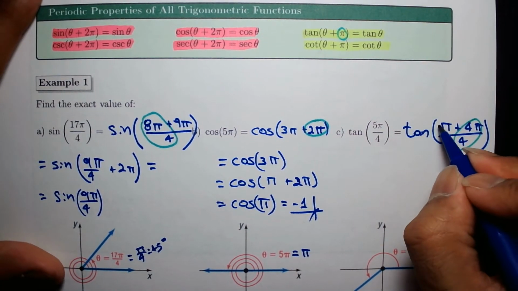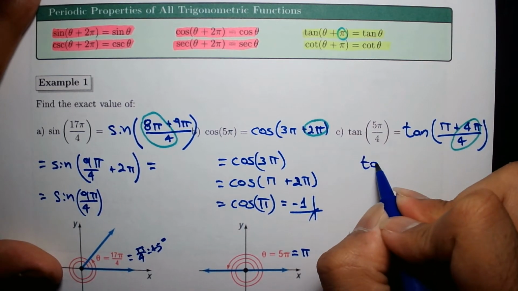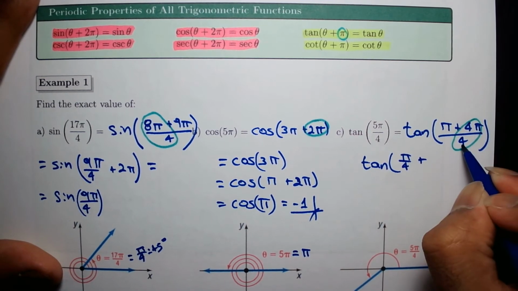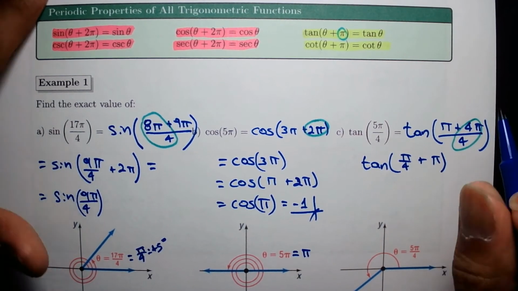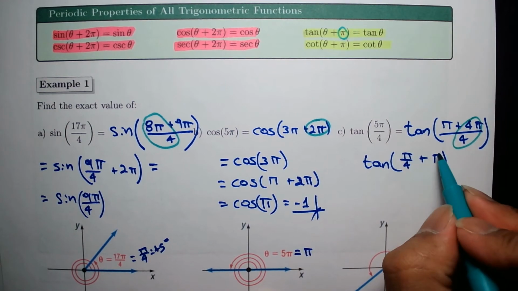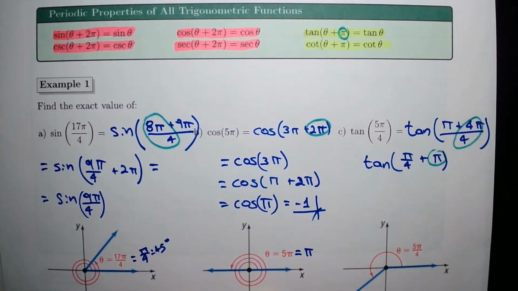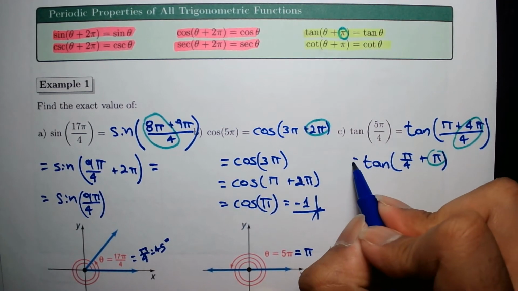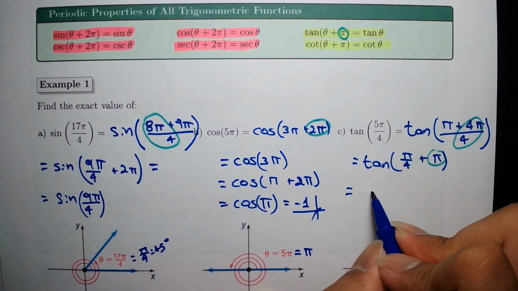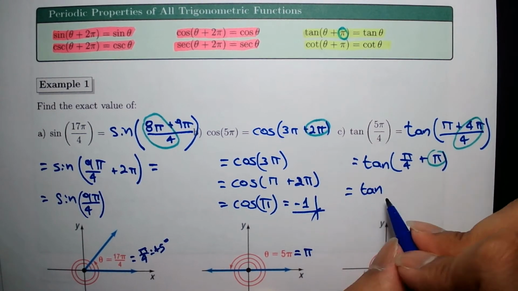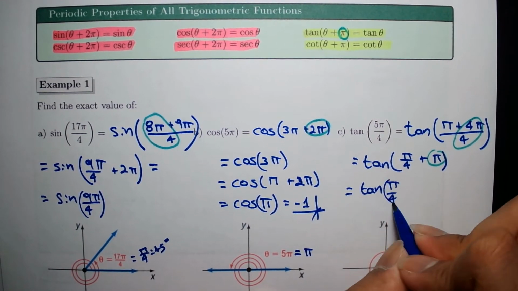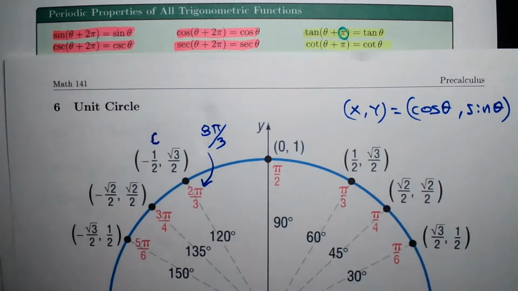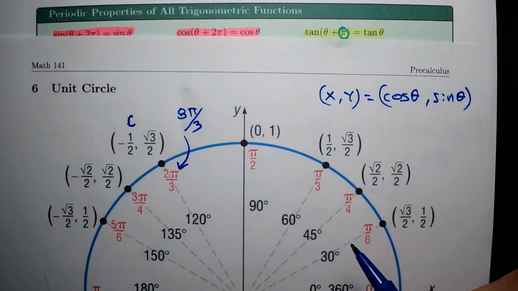On the one hand, I'm going to have tangent of pi over 4 plus 4 pi over 4, that's simply pi. Comparing forms, this pi is going to go away and this pi over 4 is going to remain. So in this case, tangent of pi over 4, which, let's go to our unit circle, pi over 4 or 45 degrees.